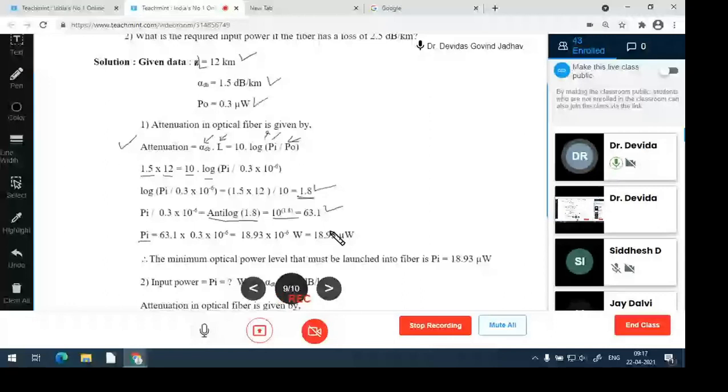So Pi equals 63.1 into 0.3 into 10 raised to minus 6. We will get 18.93 into 10 raised to minus 6 as it is. This much watt, which is nothing but 18.93 microwatt.